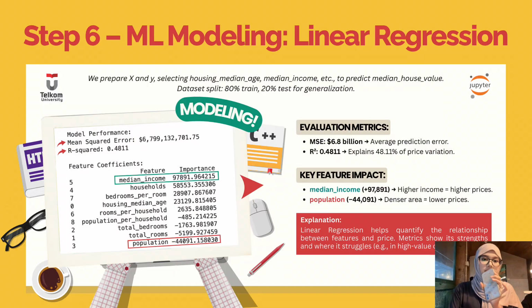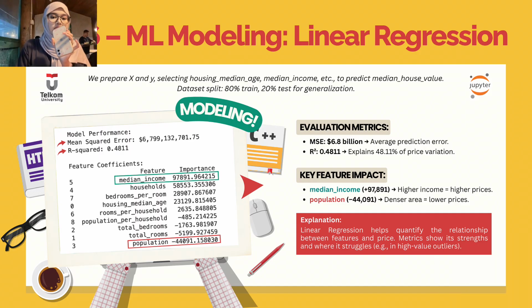In step 6, we implemented linear regression to predict house prices using selected features like housing median age and population per household, while median house value serves as the target variable. The dataset was split into 80% for training and 20% for testing to ensure generalization and prevent overfitting. The model learned the linear relationship between features and house prices, with performance evaluated using mean squared error, or MSE, and R-squared score.